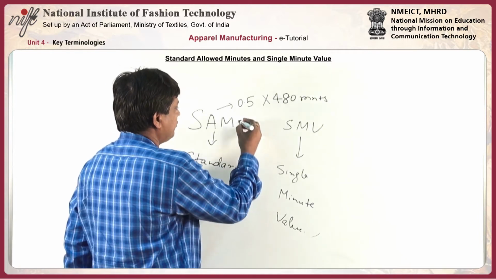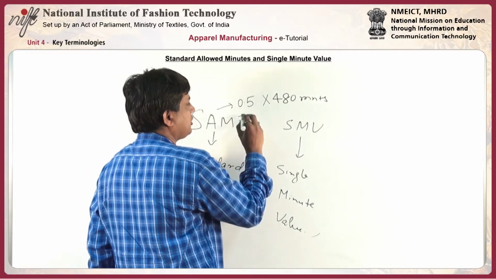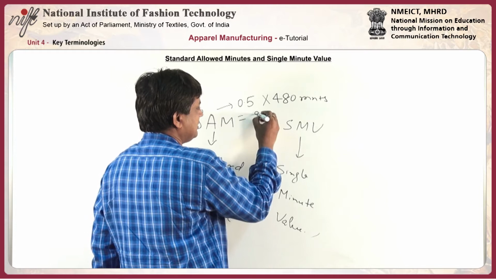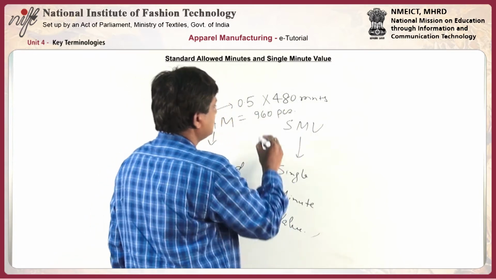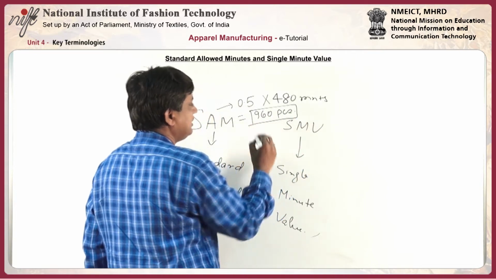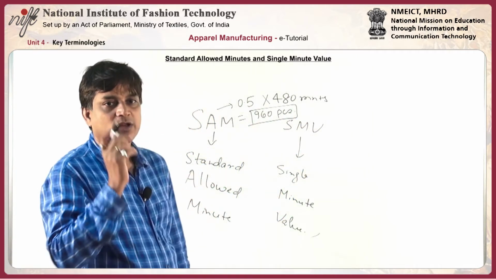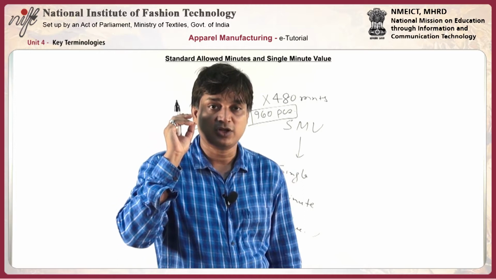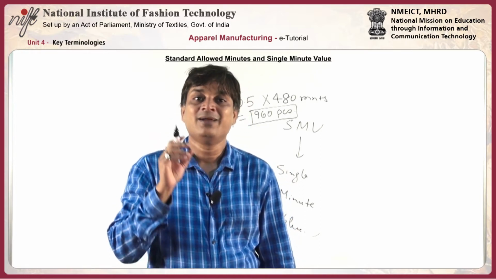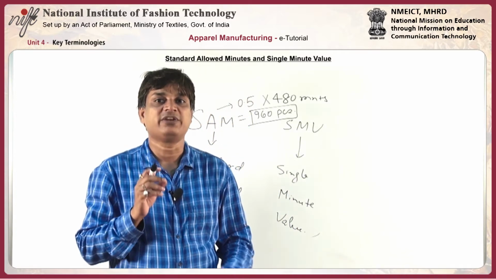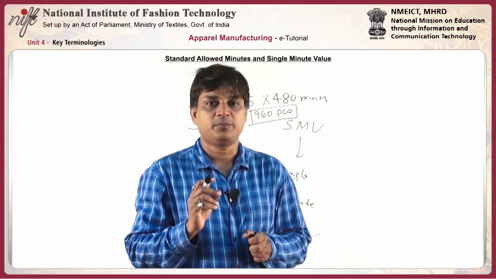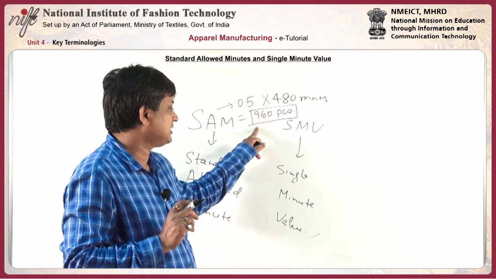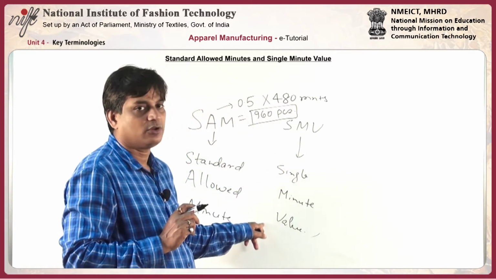So the target for that particular operation for that particular operator is 960 pieces, based on the SAM value of 0.5 minute. So 0.5 is the SAM for that particular operation, and so we set the target. The same we do for the SMV also.